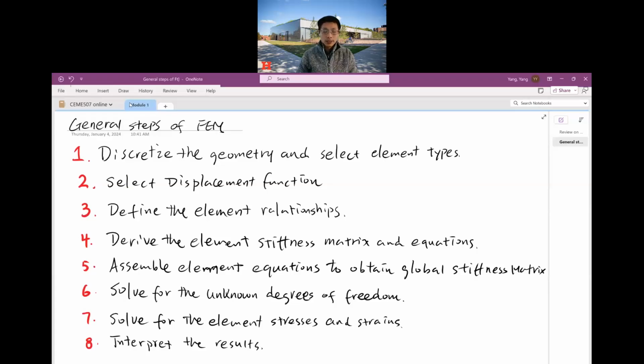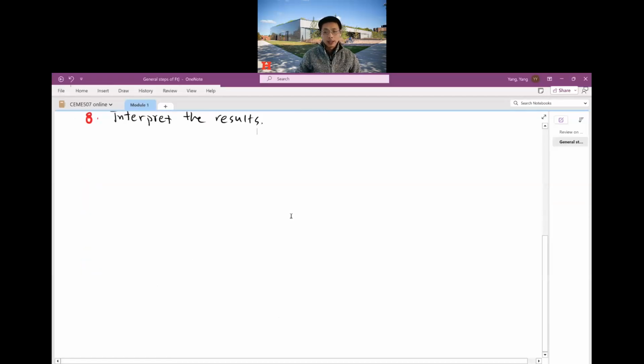The second half will be focused on the practice or exercise of using Abaqus to make sure you can handle problems with complex geometry as well as complex loading conditions. So this is the plan for this semester regarding the procedure of the finite element method.